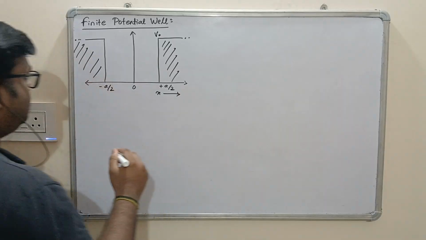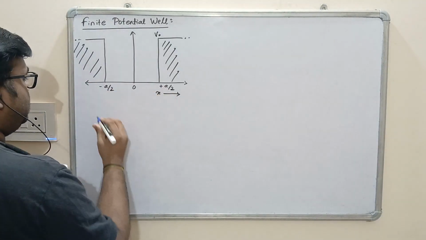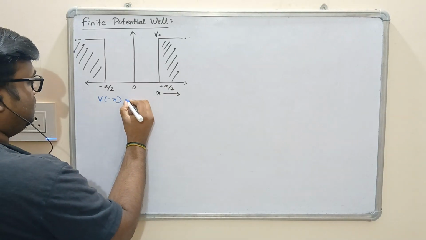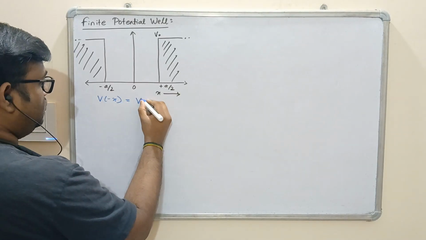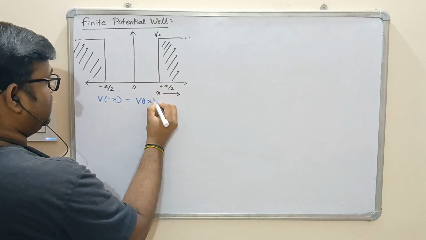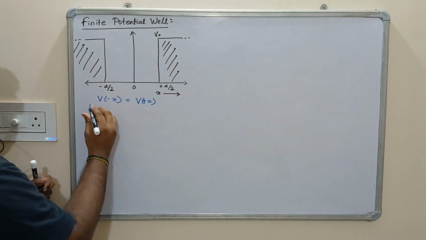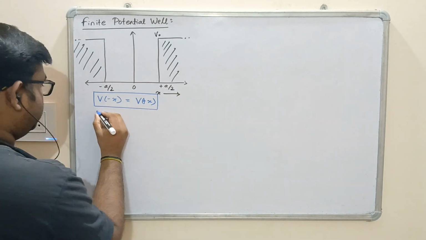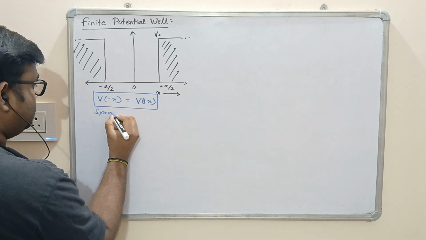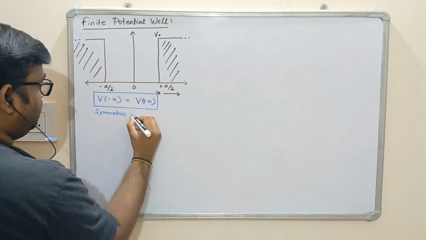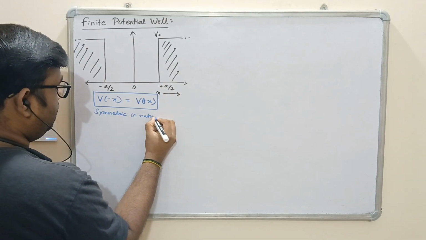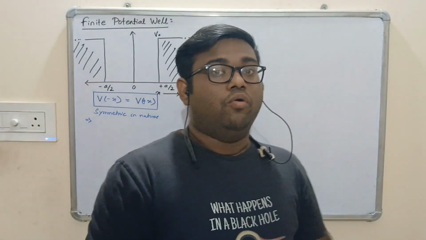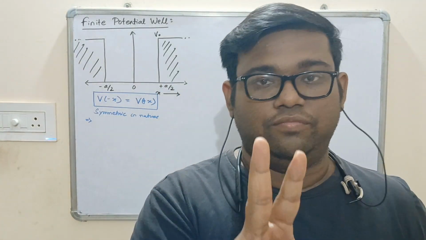From minus A by 2 to plus A by 2, it means that V of minus X is equal to V of plus X. It means the potential is symmetric in nature. And if we have a symmetric potential, we can find two kinds of wave function.